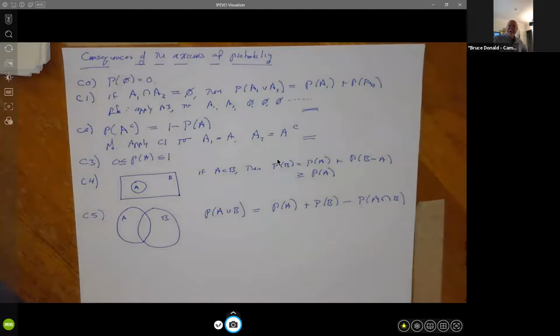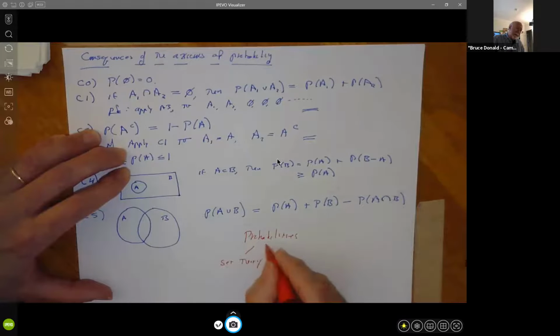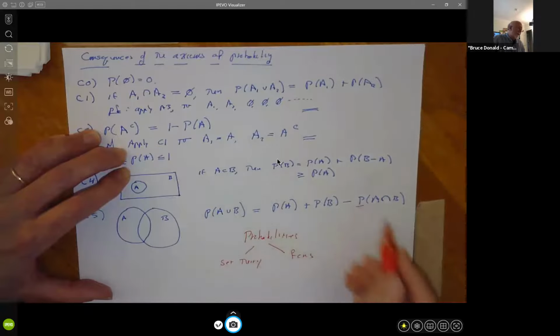So a way to think about this in terms of what we're learning in the class, to understand probabilities, we need set theory. So things like A intersect B, and we need an understanding of functions. Things like the probability function here and how they work.